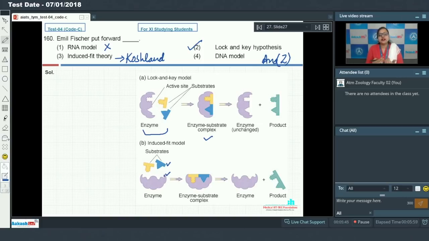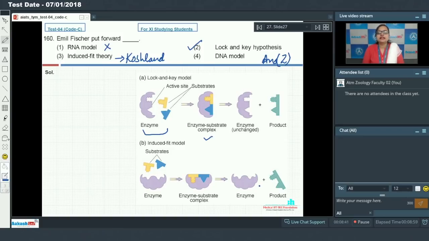The active site of enzyme is induced to change its shape so that substrate can easily bind to it. मतलब इनका starting में ही complementary shape नहीं होता है, but once the substrate starts binding, the active site of enzyme is induced to change its shape so that it binds completely with the substrate.